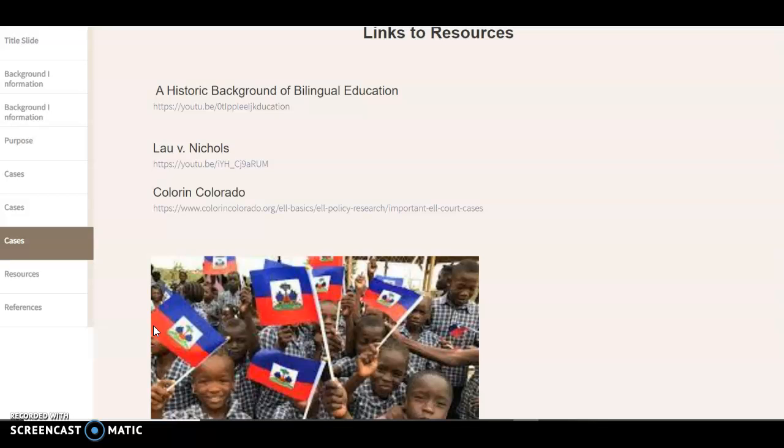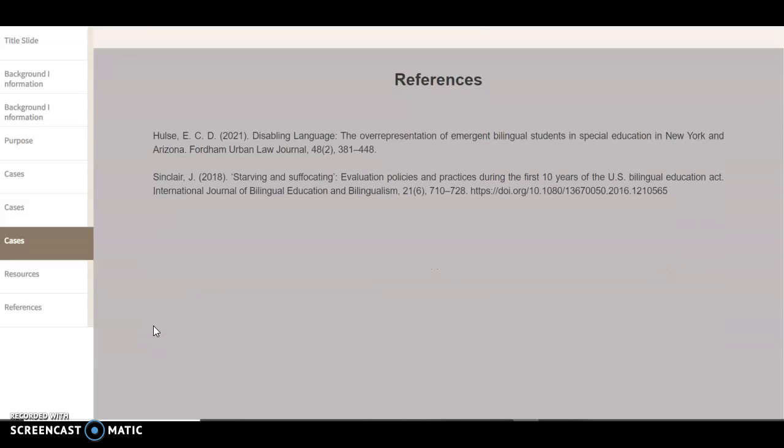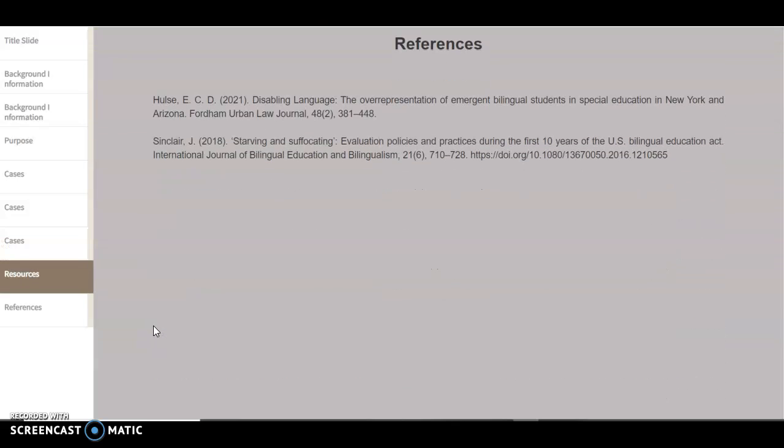And there's a website, Colorín Colorado, that gives really good information about bilingual education and the resources to help teachers and families. Here are the references for articles that I used that led me to research more in detail some of the cases.